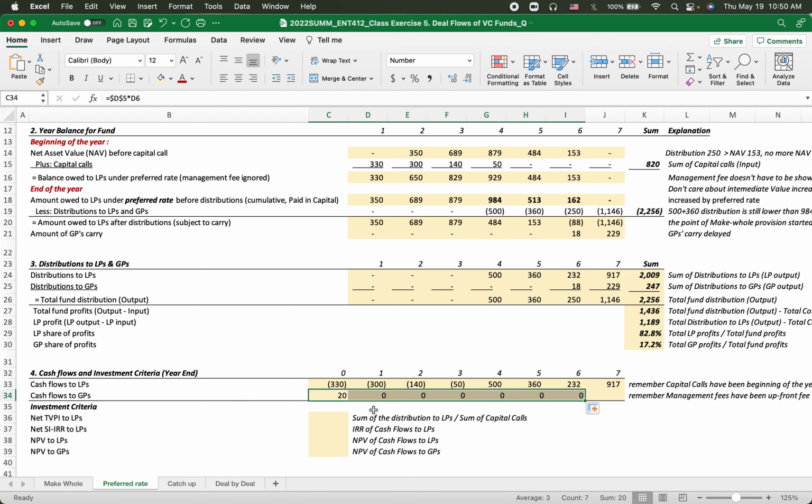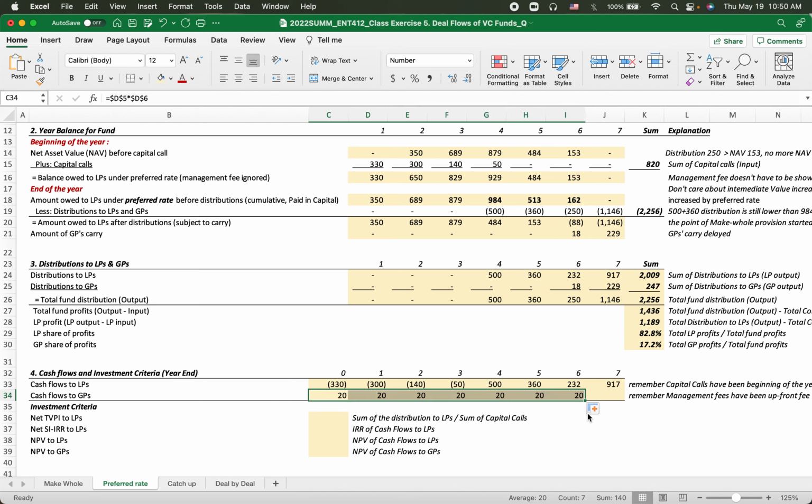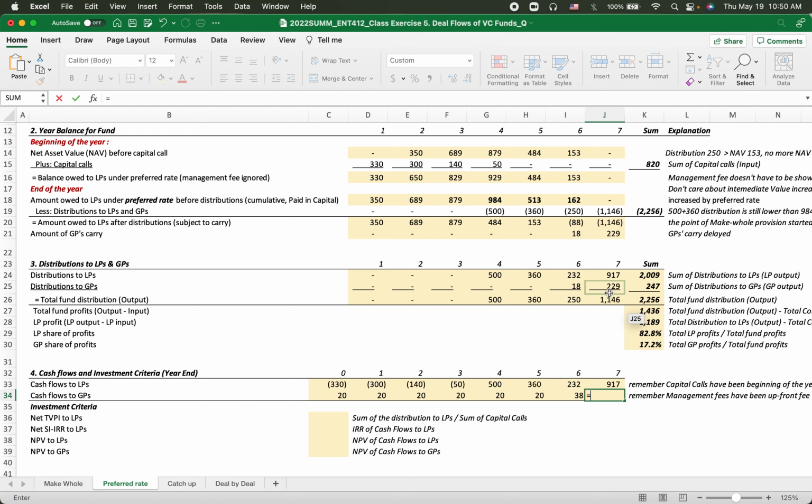Up to years. Oops. We must fix this number as well. Then it must be stopping here on year 6, because end of year 7 there's no management fees, right? But this cash flow GP must add 18. And then the last year is 229.